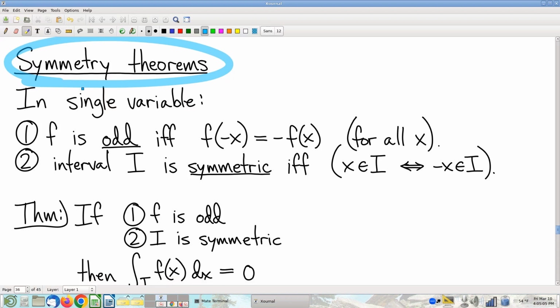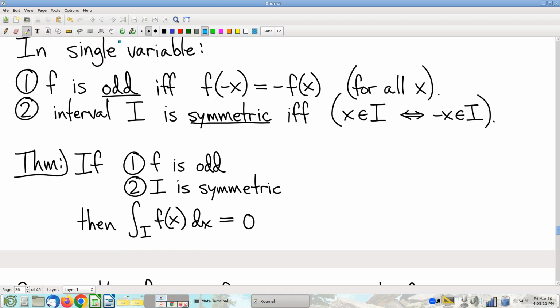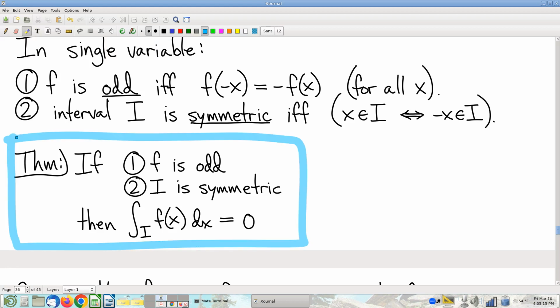In particular, recall we have this theorem from single variable calculus, which is arguably not super important in single variable calculus, but I hope you remember this one: if you have a function that is odd, and you're taking an integral over a symmetric domain, so when you flip it over, it's the same interval, so -6 to 6, or -5 to 5, or negative a to a, right?